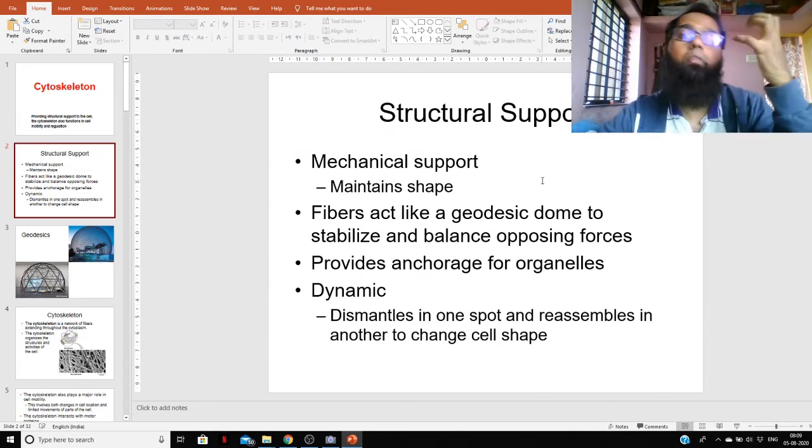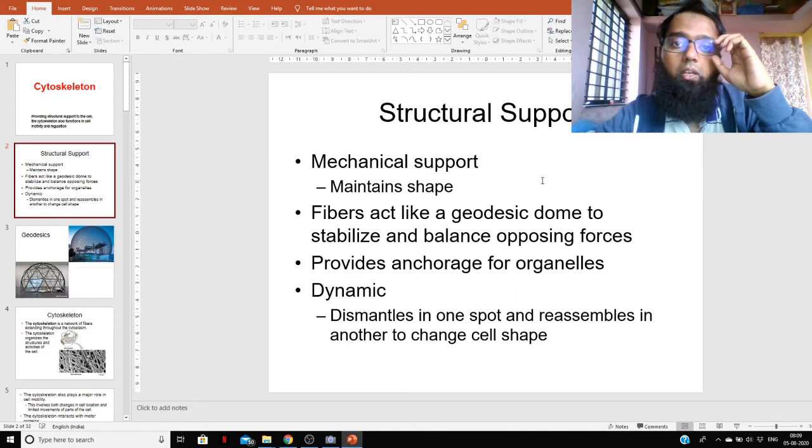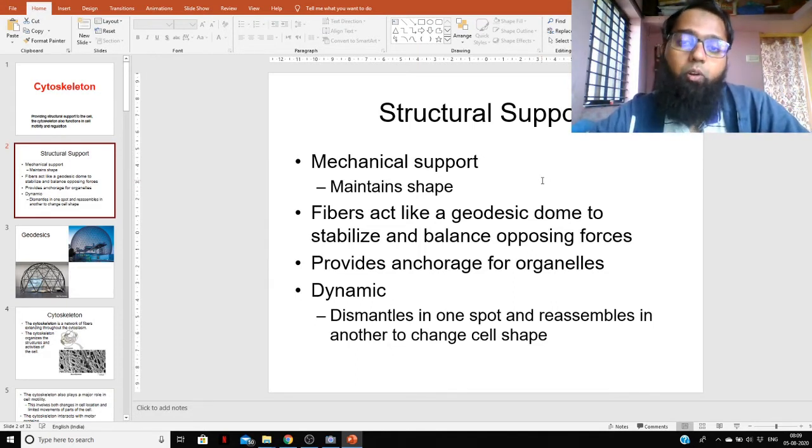The mechanical support is important because the animal's body is very prone to different types of shocks, like mechanical shock, physical shock, biological shock, because the animal's body is a dynamic system. Unlike the plant body, which also has some different shocks coming its way, the animal's body has more possibility of getting exposed to that.